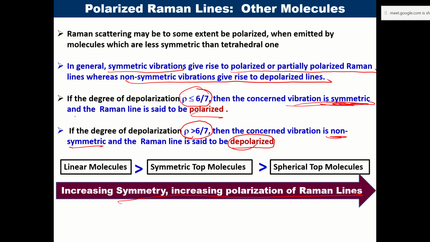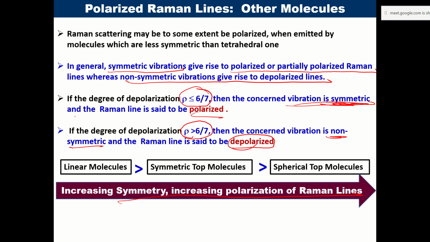Okay, तो जैसे linear molecule होगा CO2, spherical top molecule CH4. So in CH4 molecule, the most symmetric vibration had completely polarized Raman lines. मतलब I परपेंडिकुलर करने पे आपको जीरो इंटेंसिटी मिल रही थी.